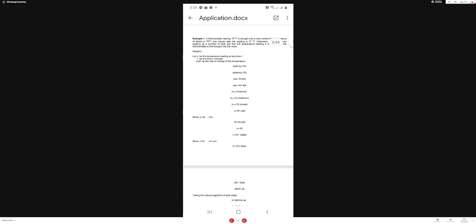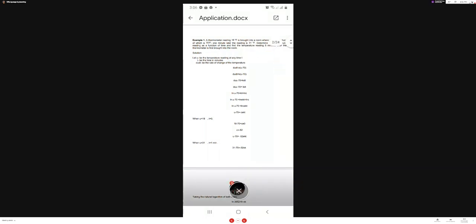So, normally ginagawa natin is ina-identify natin yung given. Dito hindi niya ina-identify, pero identify natin. At t is equals to 0, ang U natin ay 18 degrees Fahrenheit. Ano yung Tm?